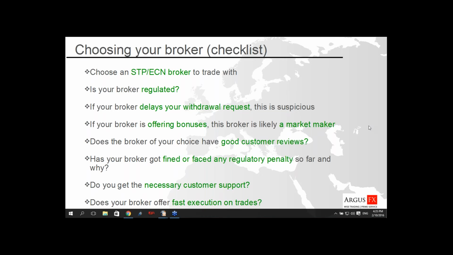Choose a broker that you will have a long-term relationship with, that you will trust, that you will feel secure, and a broker that has a long-term appearance on the market. So these points of this last slide could be your checkpoints, your list for choosing your broker wisely.